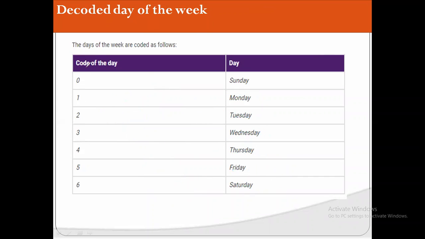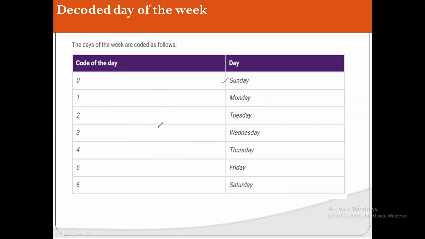I have given you this as a chart. If the odd days from the calculation come to 0, we treat that day as Sunday.